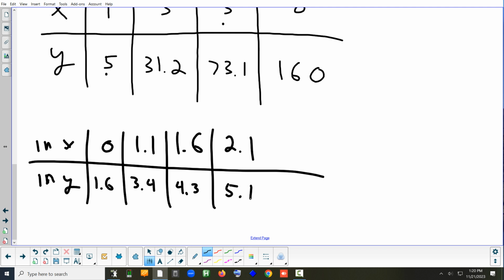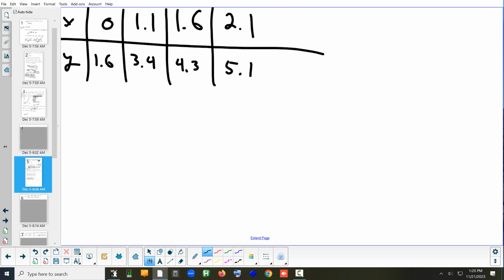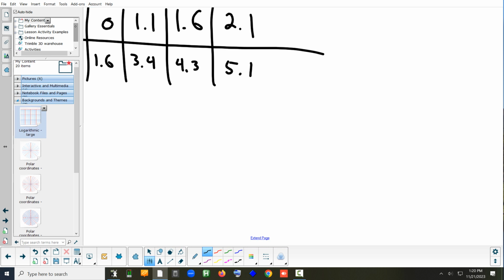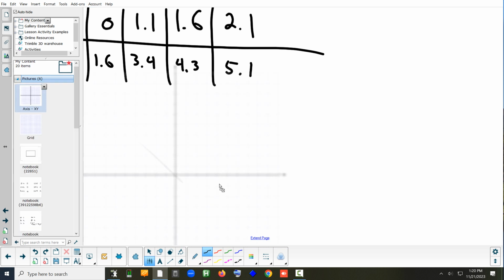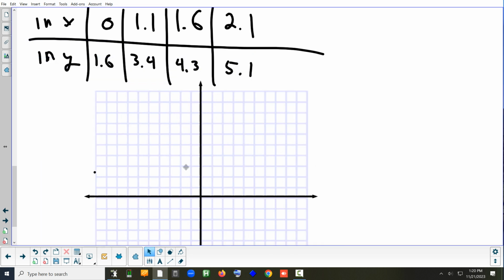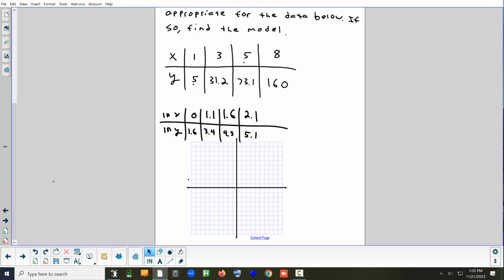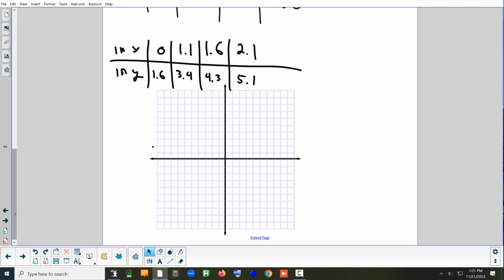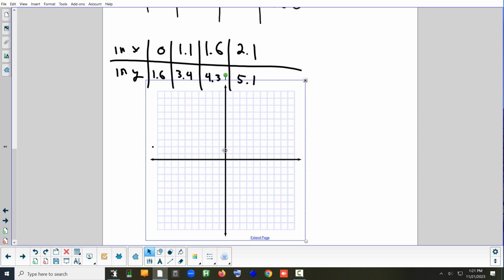All right, so now we've got our table to see if it's linear. Any questions on the numbers in that table? Okay, now let's graph. Get your graph paper. Let's use this one. Let me zoom out. Okay, so we've got 0, 1.6, so about right there.